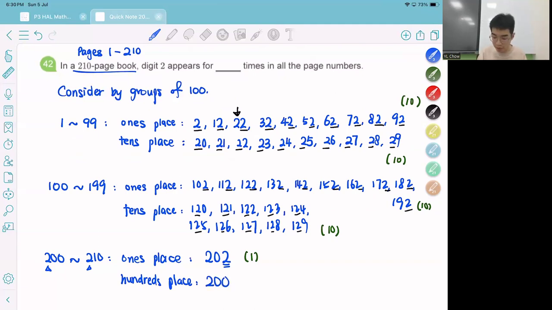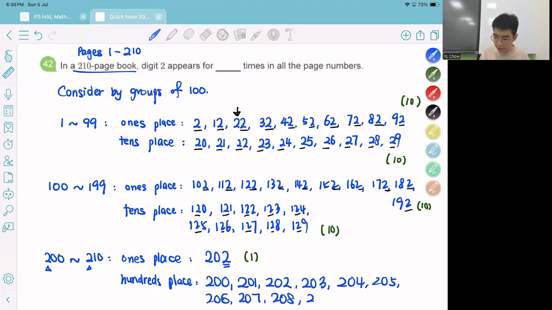So we can list out 200, 201, 202, 203, 204, 205, 206, 207, 208, 209, and don't forget 210. The digit 2 will appear in the hundreds place of all these numbers.